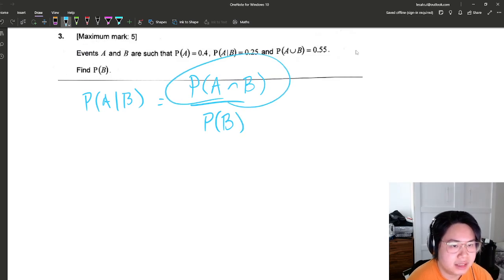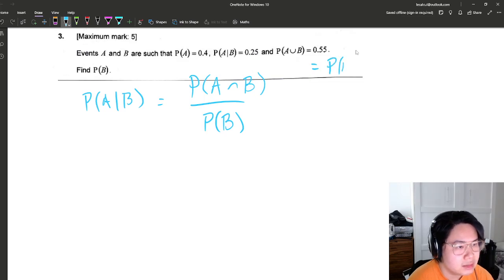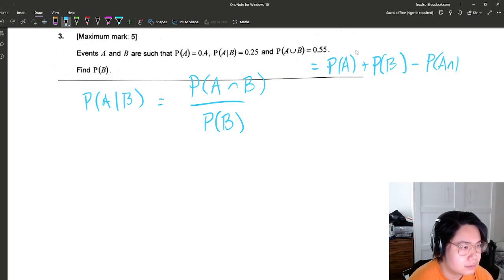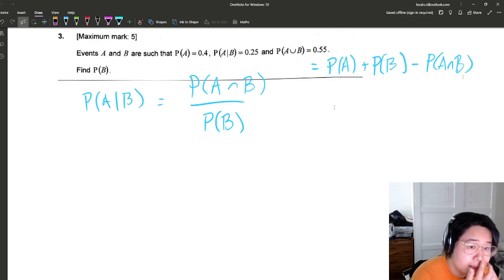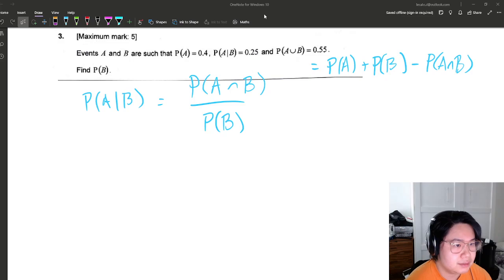And then we don't know what this is, but it is related to the union because we do have a second formula for A union B, which is P(A) plus P(B) minus the intersection. Okay, and then what we're going to do is rearrange this union formula so that we have P(A intersection B).